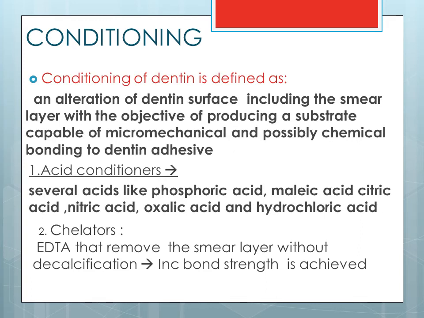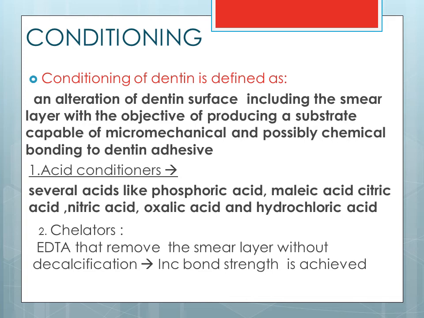And how can conditioning be achieved? By two ways: by either acid conditioners or using chelators. Conditioners are similar to the enamel etchants, and they are acids like phosphoric acid, malic acid, citric acid, nitric acid, oxalic acid and hydrochloric acid. They carry out the dissolution within the dentine.